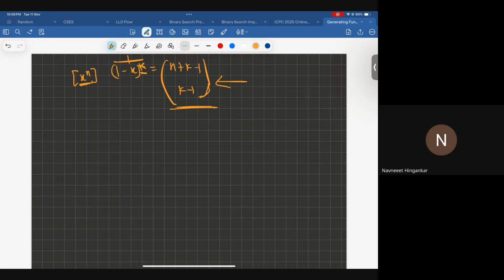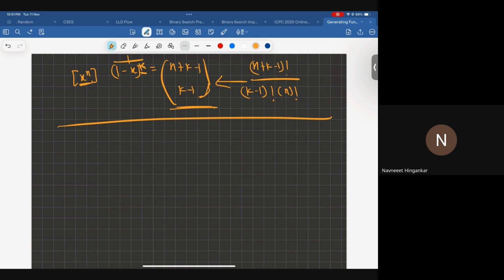Because this can be derived very easily using factorials, right? These are basically n plus k minus 1 factorial upon k minus 1 factorial upon n factorial, right? So this is the formula. You need to remember this.